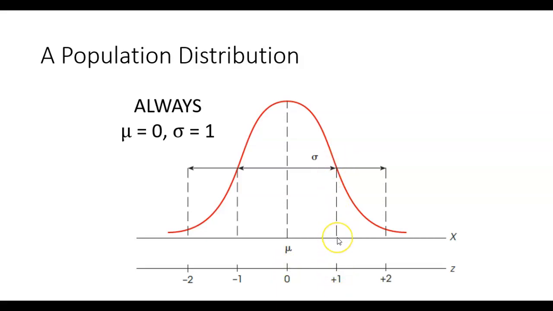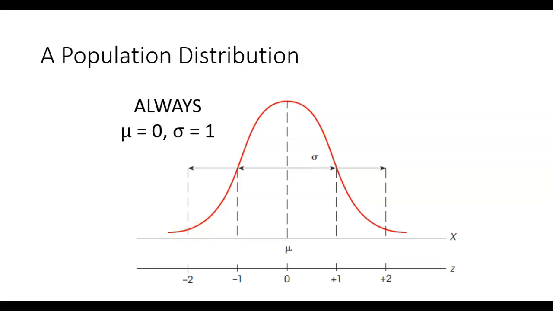So here's where one standard deviation of the population would fall. Here's where two standard deviations from the mean of the population would fall. Here's where one standard deviation below the mean of the population would fall. And here's where two standard deviations below the mean of a population would fall. Okay, so that's the logic of it.